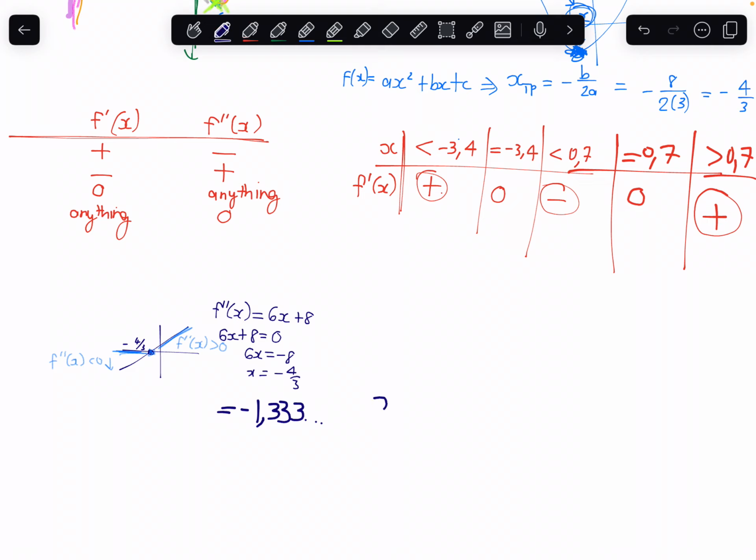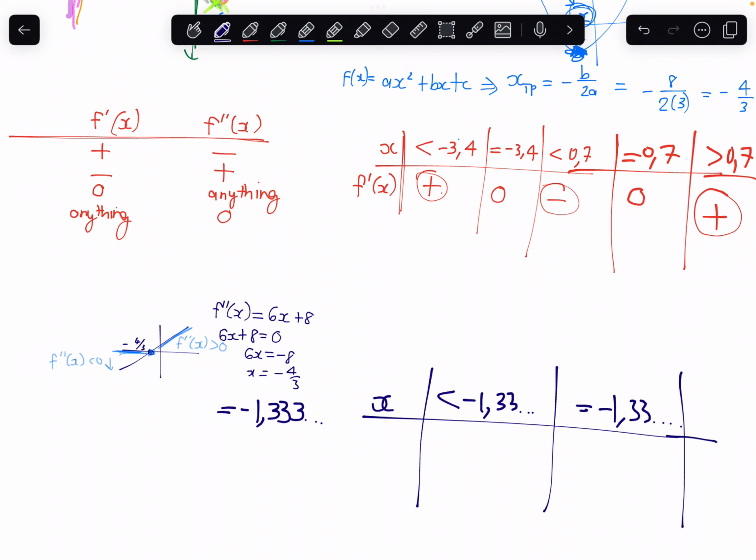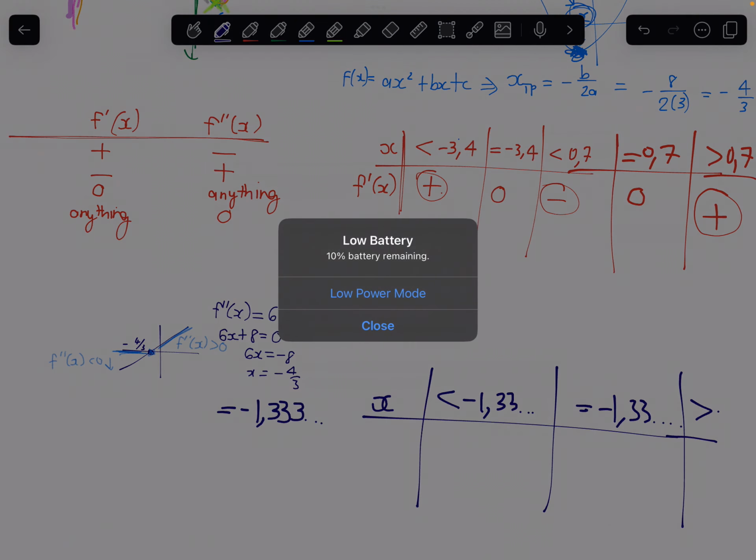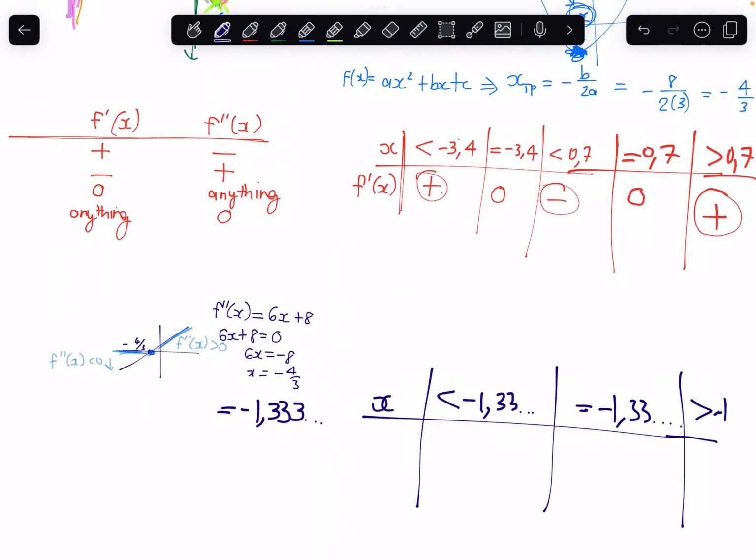We're just looking at the case when x is smaller than negative 1 comma 3 3 3, when it's equal to negative 1 comma 3 3 3, and when it's greater than negative 1 comma 3 3 3.